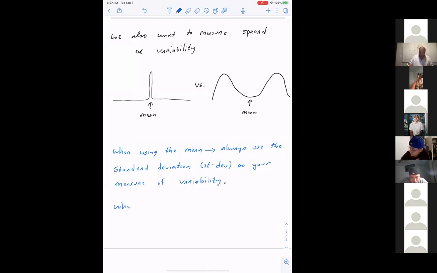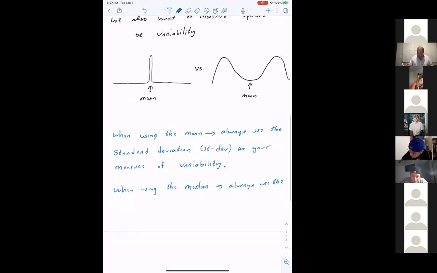When using the median, always use the, anyone know? Going once? Going twice?